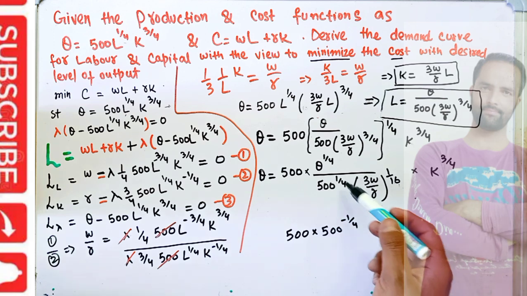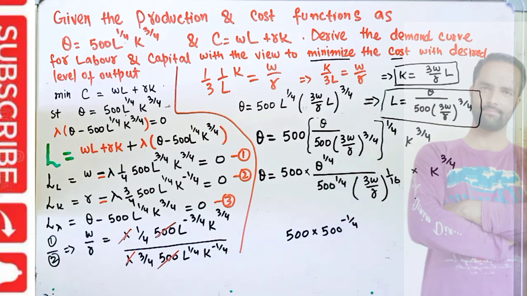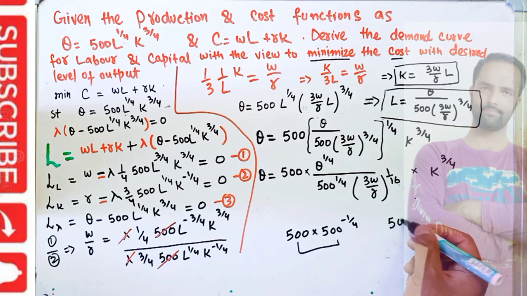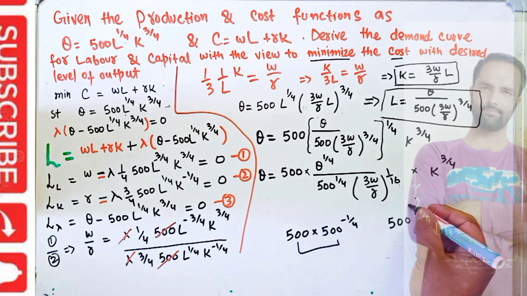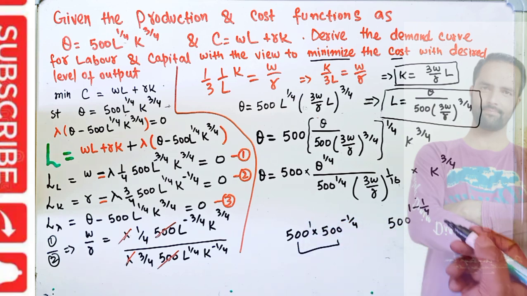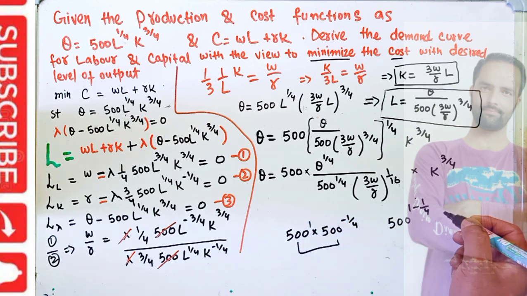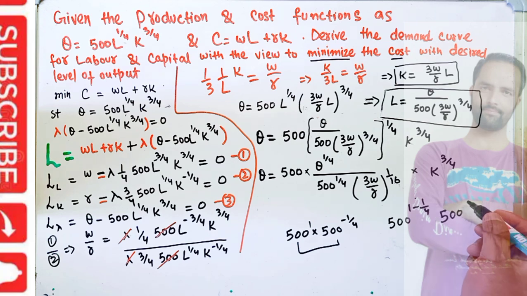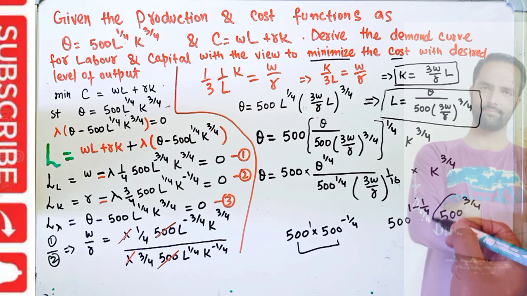I have told you, when I transpose from numerator to denominator, the exponent sign gets changed. So we have the same 500, so we can add up the exponents: 1 minus 1/4, because the exponent here is 1. So 1 minus 1/4 is 3/4, so this is 500^(3/4).